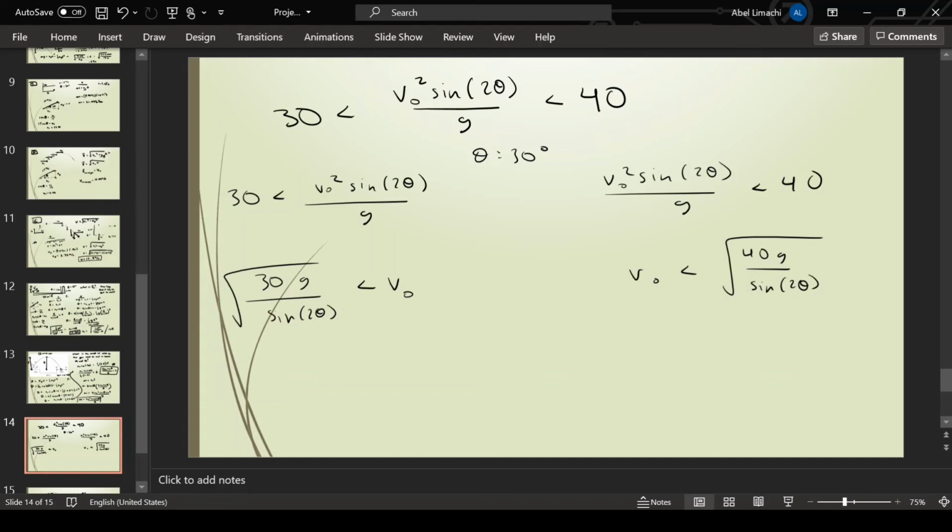We get this value is 18.43 meters per second.